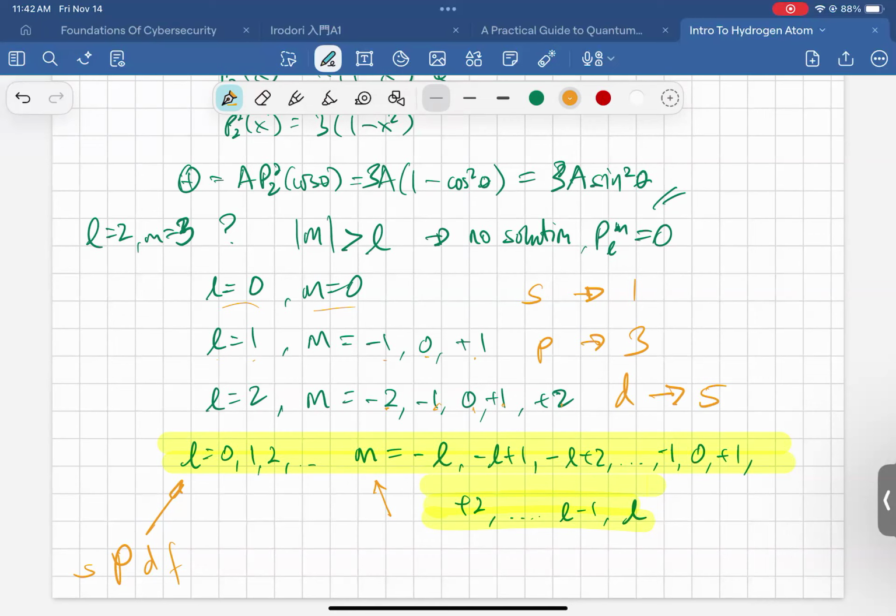Now, siguro yung iba sa inyo tatanungin, hindi ba pag S pwede ka maglagay ng 2 electrons at pag P pwede ka maglagay ng 6 na electrons and pag D pwede ka maglagay ng 10. Well, that's true, but at this point meron kasi tayong hindi pa finactor in. Ang hindi pa natin finactor in dito ay yung electronic spin. Okay?